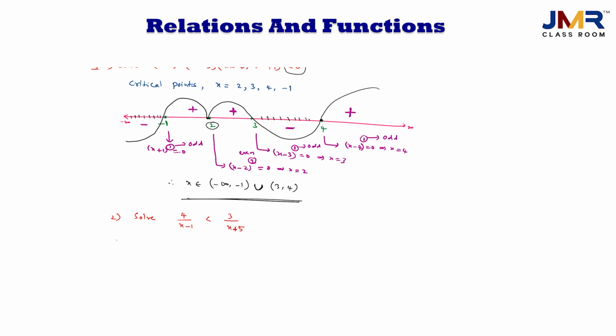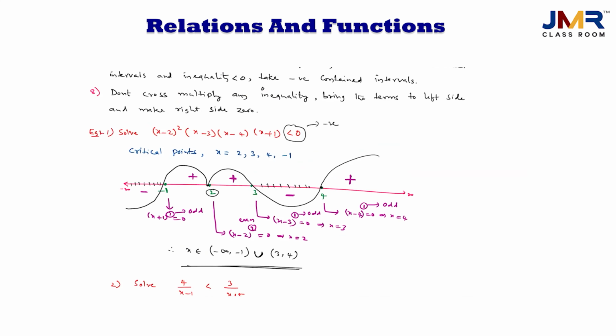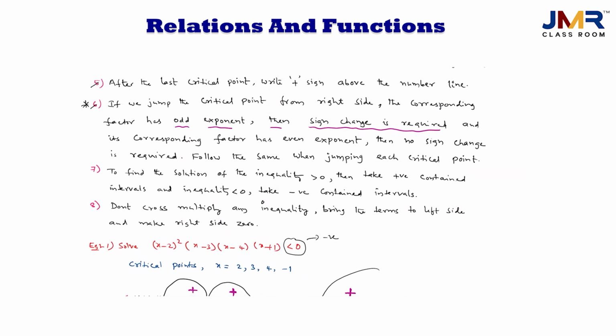How to solve this inequation? Follow the rules already discussed earlier. First, make the right hand side of the inequality 0. Don't cross multiply. Here one more step is there: the 7th point and 8th point.